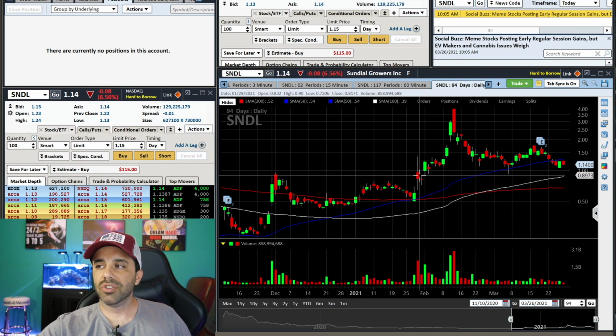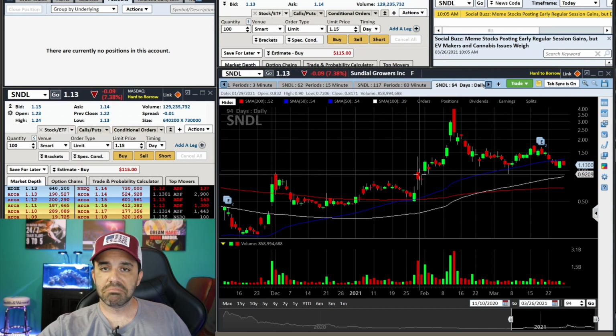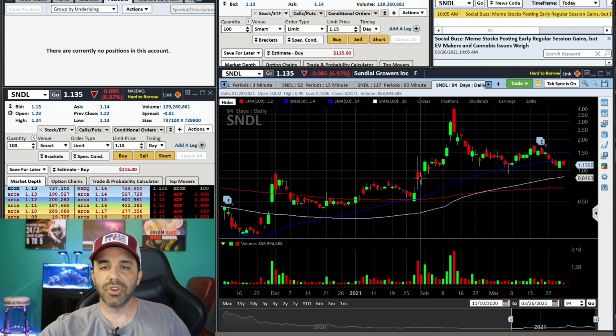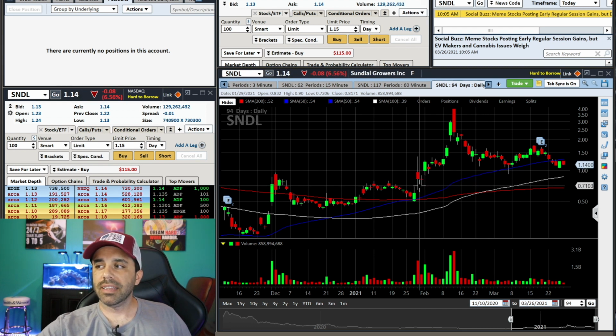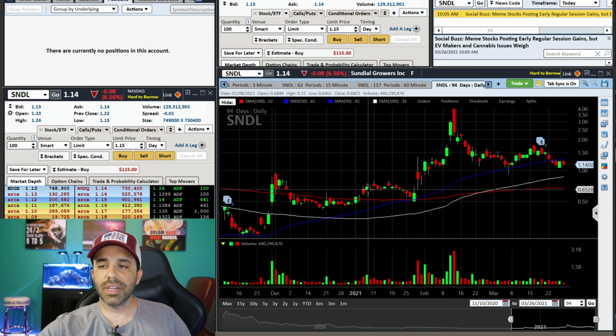I would expect a little bounce to occur around that level. Could bounce 88, 90 cents to $1, $1.03, maybe $1.05, and then maybe it finally rejects and comes all the way down here to the 200-day moving average, which should potentially act as a strong area of support for some time. And this one right now is in the 60s. Those are the levels to watch on this, in my opinion.